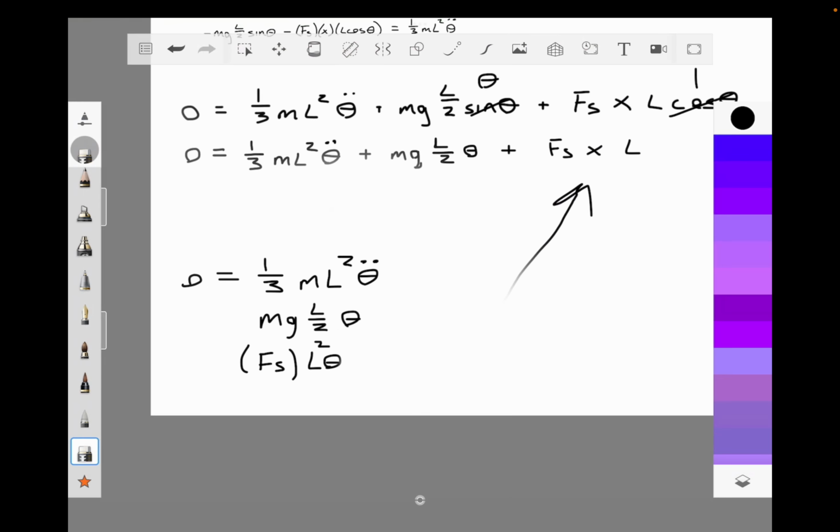Is that correct? Let me look at this. Yes, 1/2 mgL theta, that's correct, plus k L squared theta. Okay, I made a mistake there, but I'll come back to that in a second.